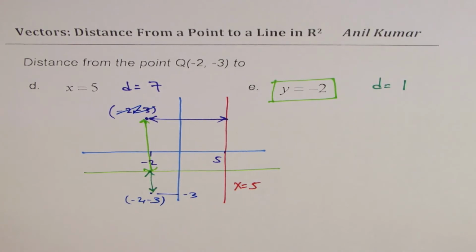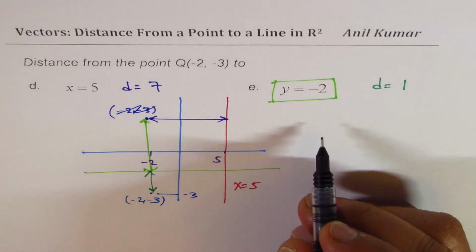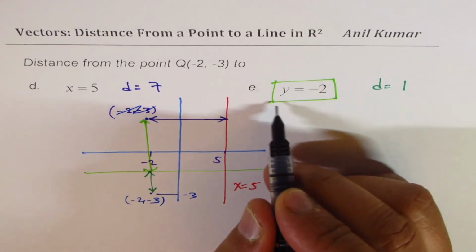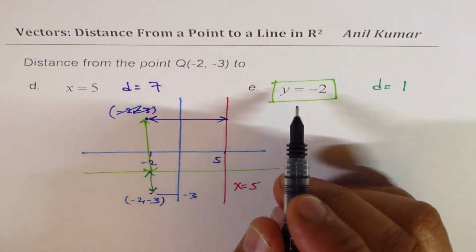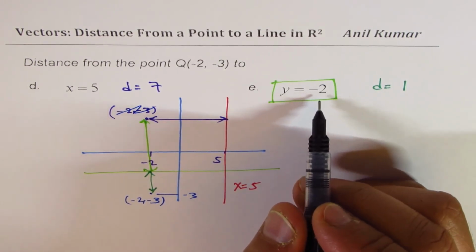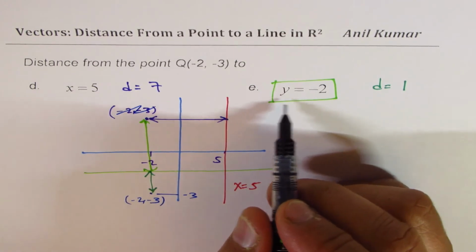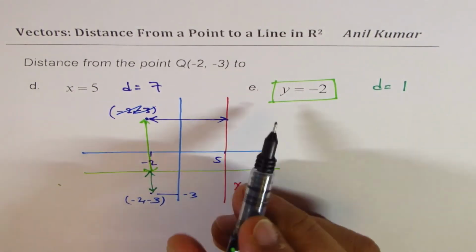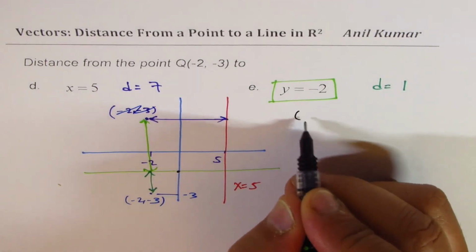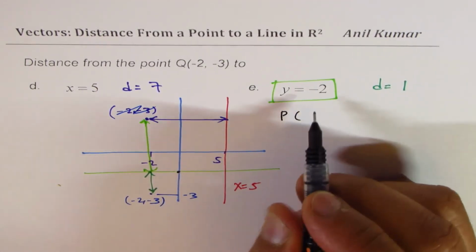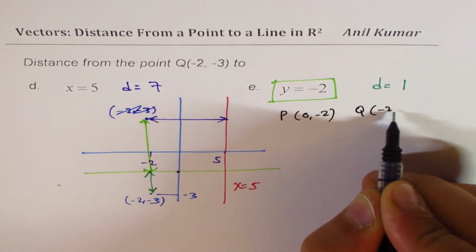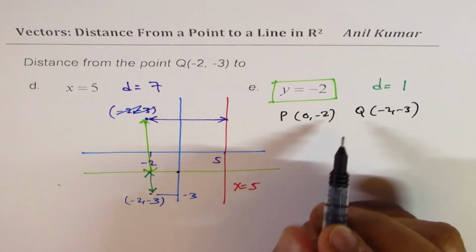But the idea here is, I'd like you to use the formula and verify, correct? In this particular case, we are talking about the line y equals -2. You can take any point on this line, however. A good point to take is the y-intercept, which is, let's say, P, (0, -2). And we know Q is (-2, -3), correct?